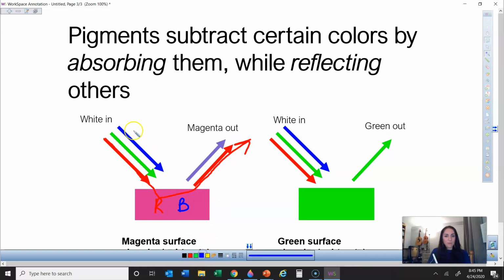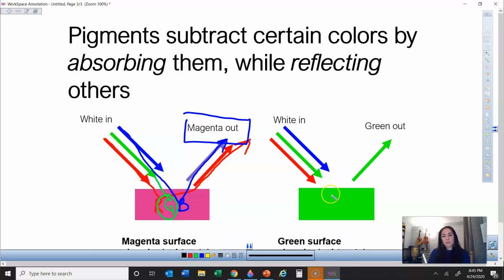And same thing, when the blue comes in, it hits the blue, and the blue goes back out. So because I have red and blue together, that makes magenta. Then green gets absorbed. Notice that green goes in and sits here and stays here. So that's what I mean by green being absorbed.